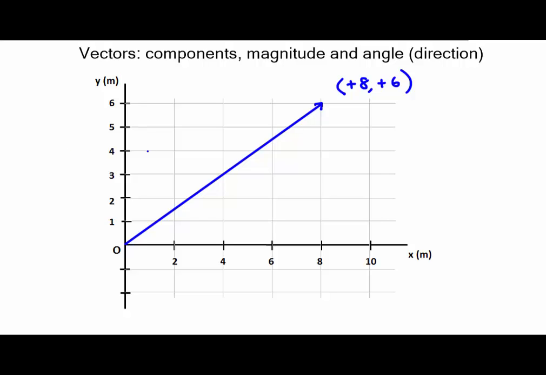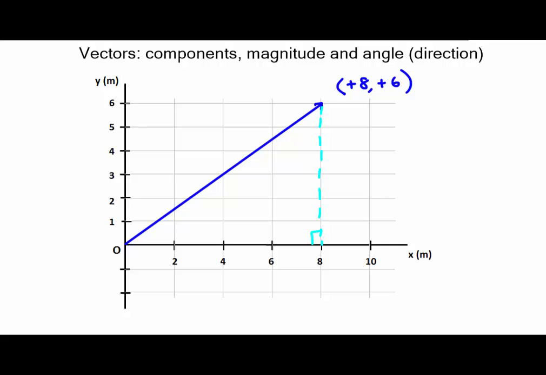Well, the magnitude, as we discussed, is the length of the arrow. So there it is. But can we determine a numeric value for it? This is where trigonometry comes in. If you know your right triangles, we'll do a quick review of it here. So I'm going to complete this triangle over here. And so now I have an angle here that's 90 degrees.